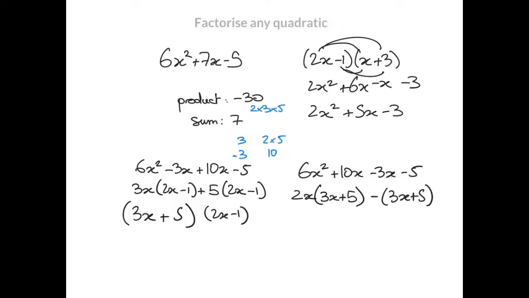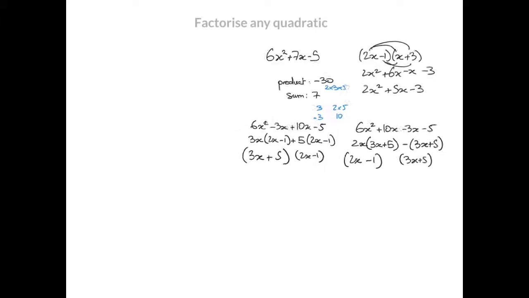You see that once again, we find a common factor here and there. So 3x plus 5 is going to first multiply 2x, and here it was actually multiplying minus 1. We end up with the exact same factorized form as we had here. So we're good. We factorized 6x squared plus 7x minus 5.